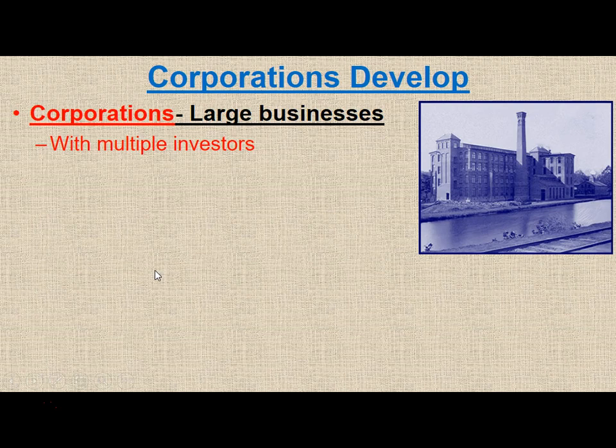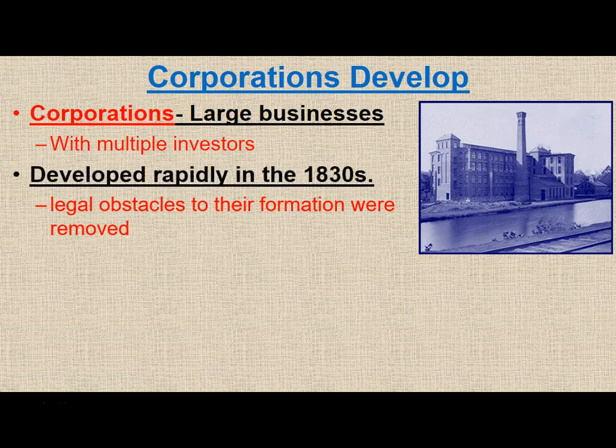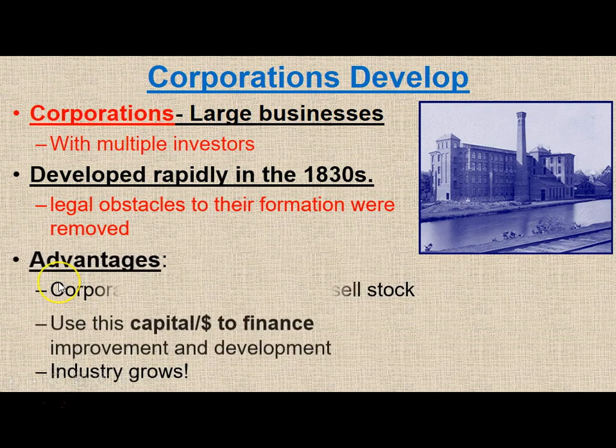One of the other factors as to why the Industrial Revolution grows is because of the development of corporations. The United States government allows for laws that protect, establish, and encourage the development of corporations. These are basically large businesses, kind of like the joint stock charter companies of the early colonial period. We have investors coming together, and there is a legal protection for these investors, and if they happen to go bankrupt, their personal items and personal wealth isn't affected.